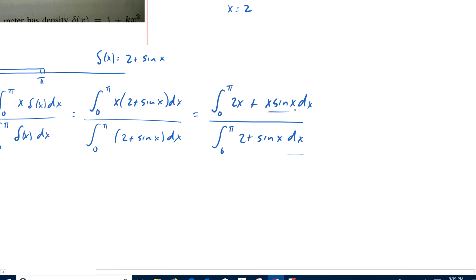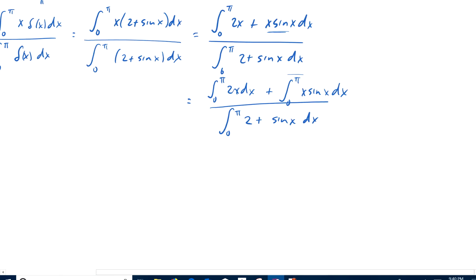This looks, oh, that's one of those ones that's not obvious. It's an integration by parts. So let's go ahead and do these. So this becomes an integral from 0 to pi of 2x dx plus the integral from 0 to pi of x sine of x dx over the integral from 0 to pi of 2 plus sine of x dx.